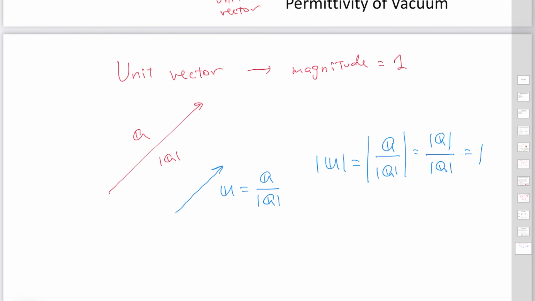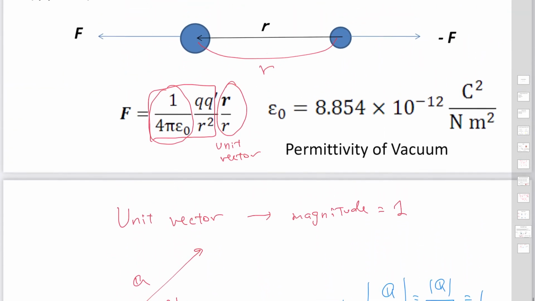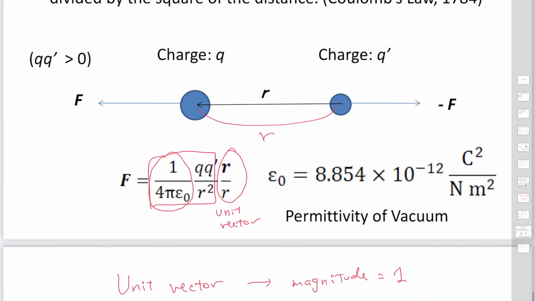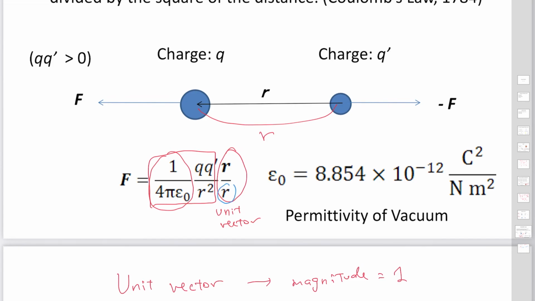So you can create a unit vector just by dividing by the magnitude. In this case, if you divide by the magnitude of r, you can create a unit vector.